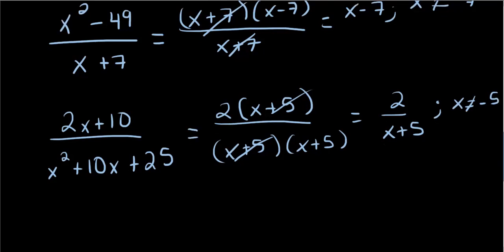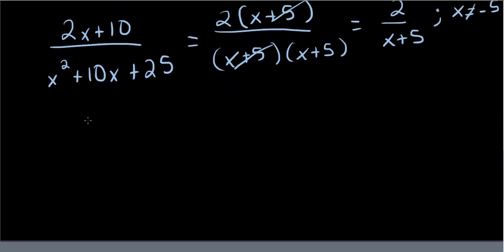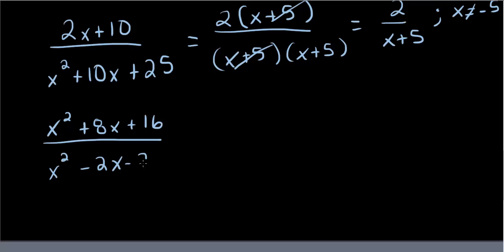One more example. So it's x squared plus 8x plus 16 over x squared minus 2x minus 24.